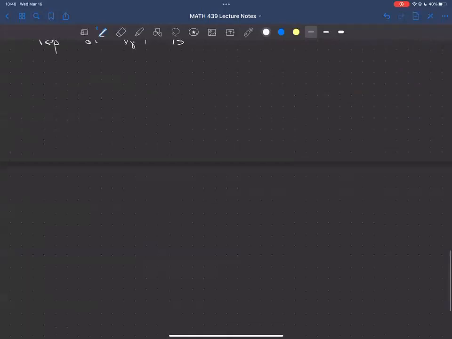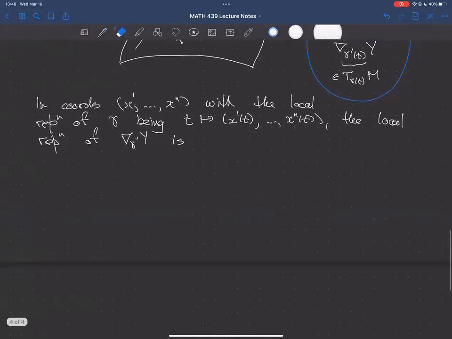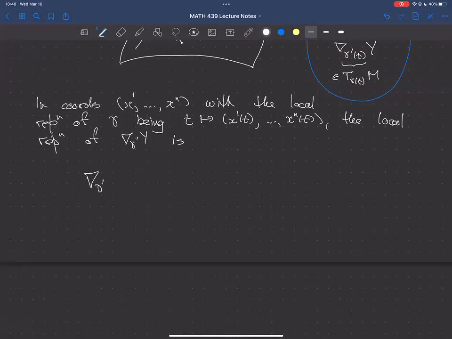Okay, and so it's nabla gamma prime y of t. Okay, so like I said, it's the same formula. So it's dy j by dx k.